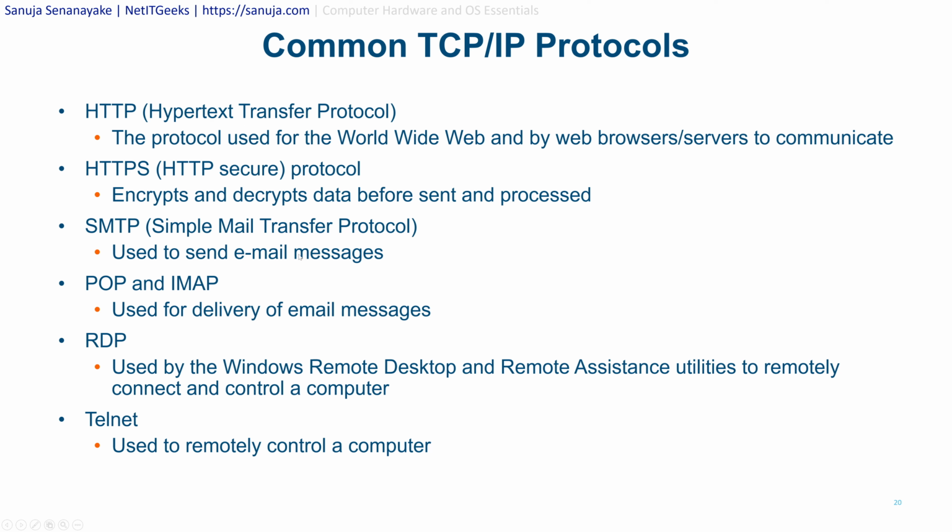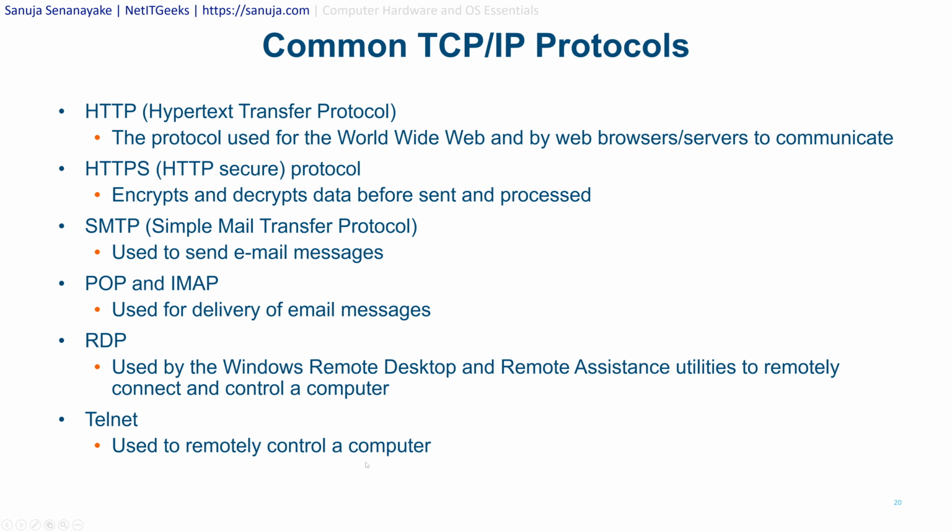SMTP is the Simple Mail Transfer Protocol used to send emails. POP and IMAP are used for delivery of email messages. RDP is used by Windows Remote Desktop and Remote Assistance utilities to remotely connect to and control a computer.